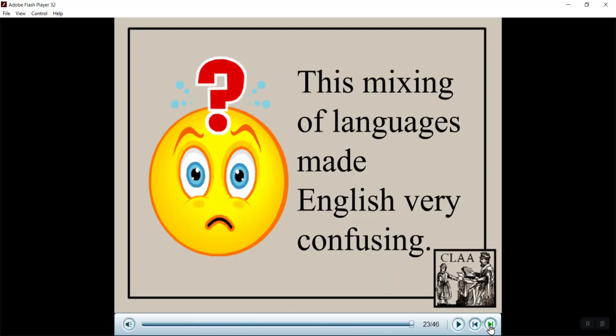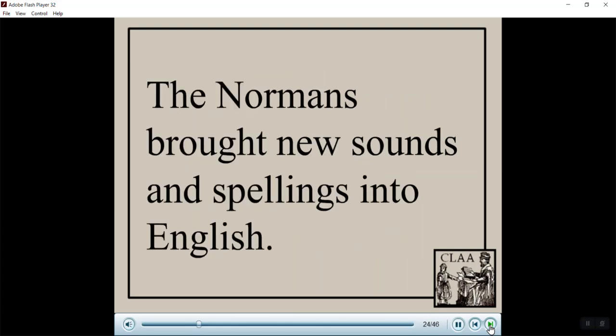The reason why English is so difficult to read is because this mixing of languages made English very confusing. The Normans brought new sounds and spellings into English. We're going to study 7 of these sounds.